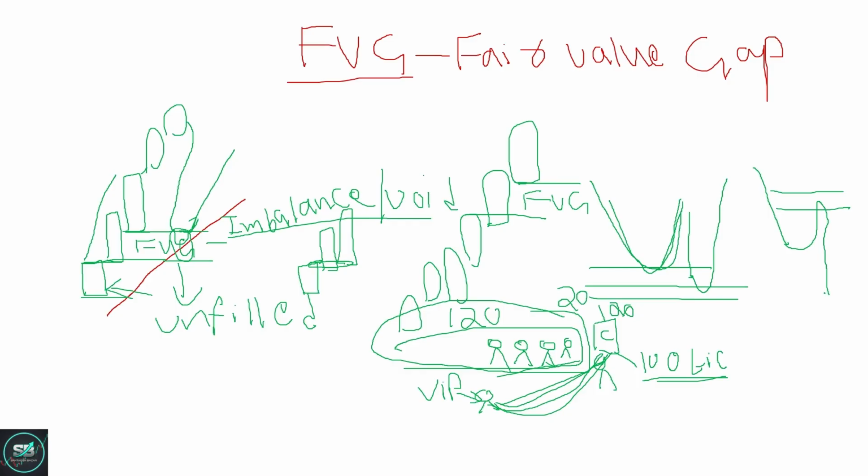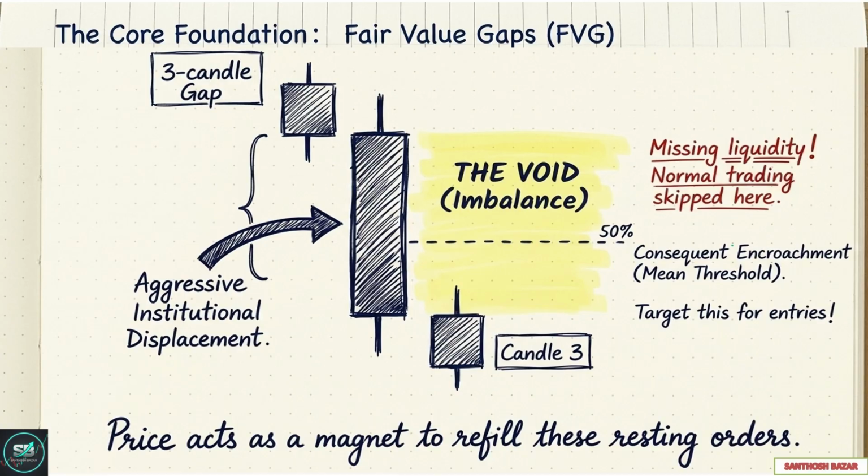So this is the basic concept of FVG. This is what I've explained clearly in this slide. So here is the FVG. This is how an FVG forms when aggressive institutional buying happens. There will be a void between candle 1 and candle 3. This gap is called an imbalance zone.